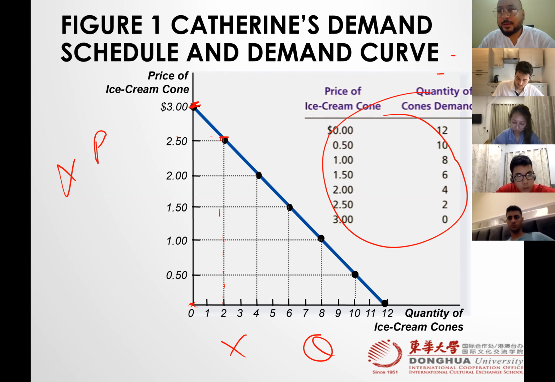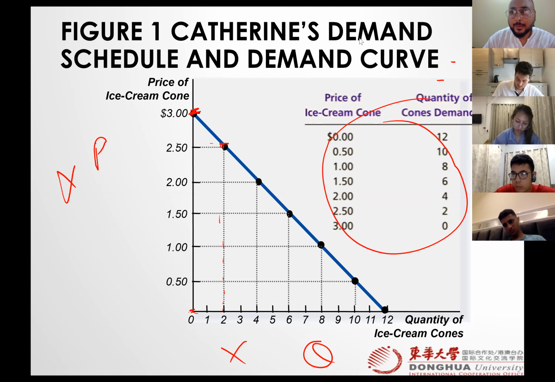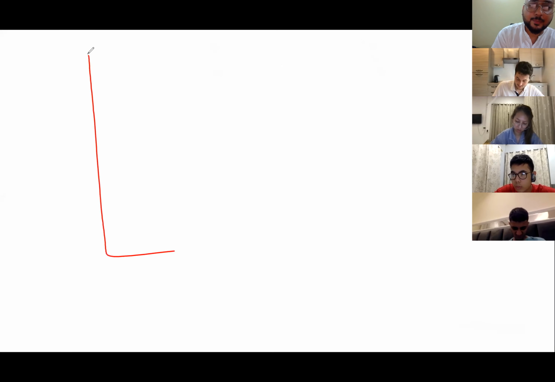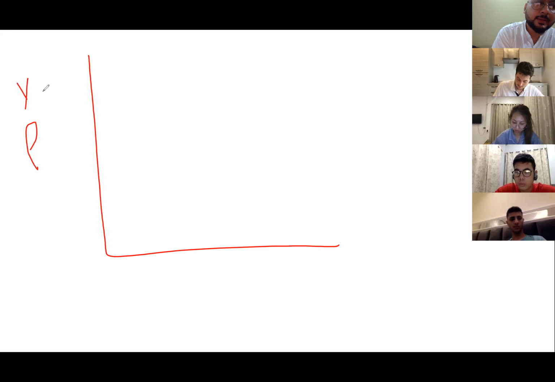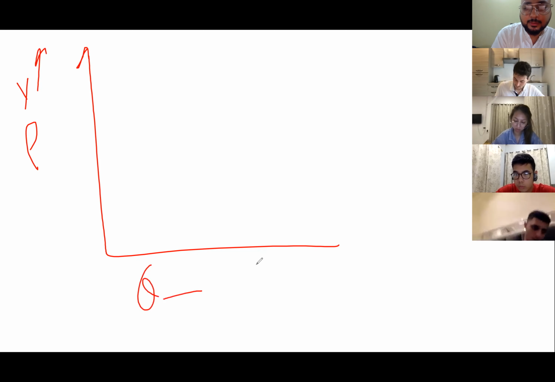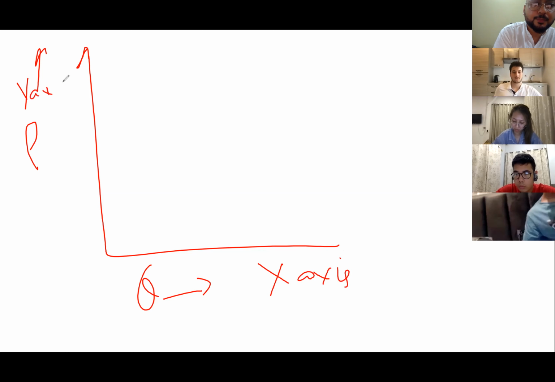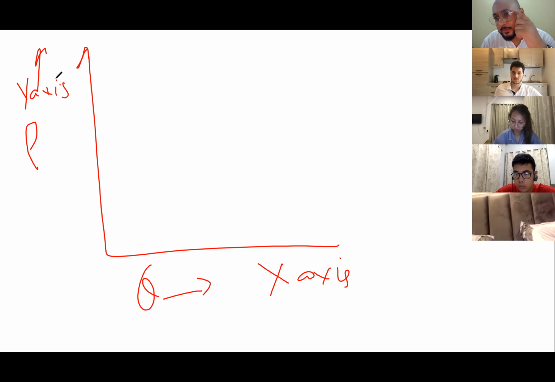A very logical and basically fifth standard question that should come to your mind is: why are we taking price on the y-axis and quantity on the x-axis?